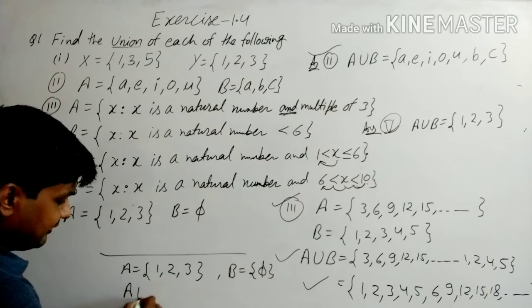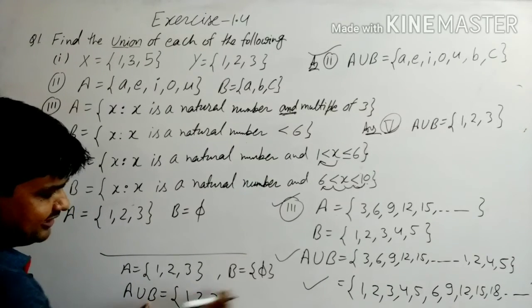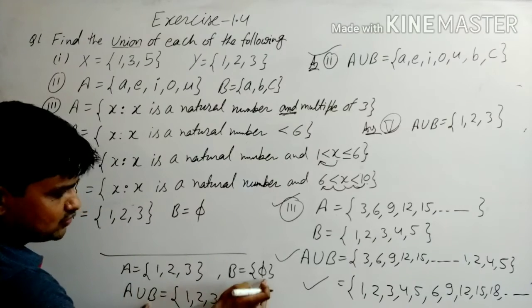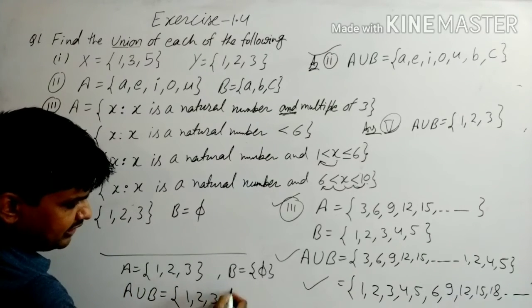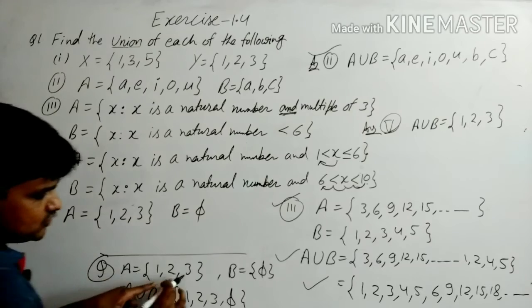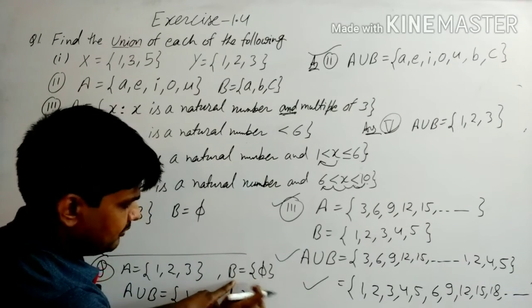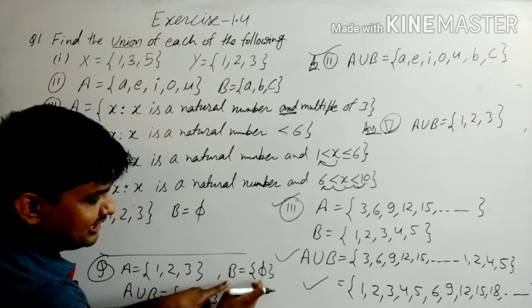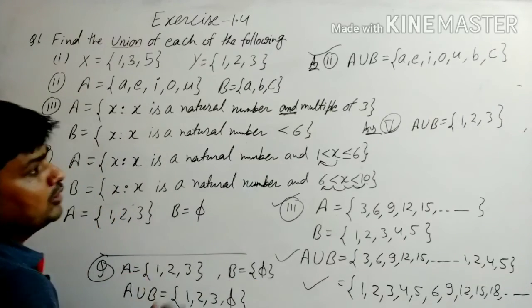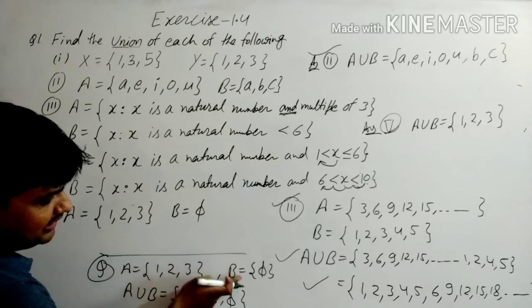So in this condition A union B equals to 1, 2, 3, then write the elements of B which are not in A. 5 is not here, so we write 5. So this B contains one element that is 5, but the other B is the empty set. There is a difference between this B and this B.